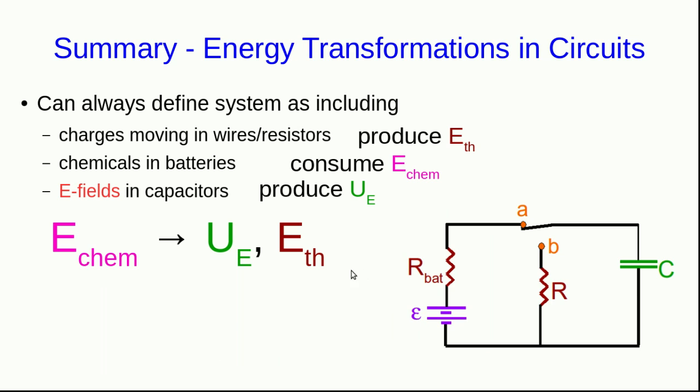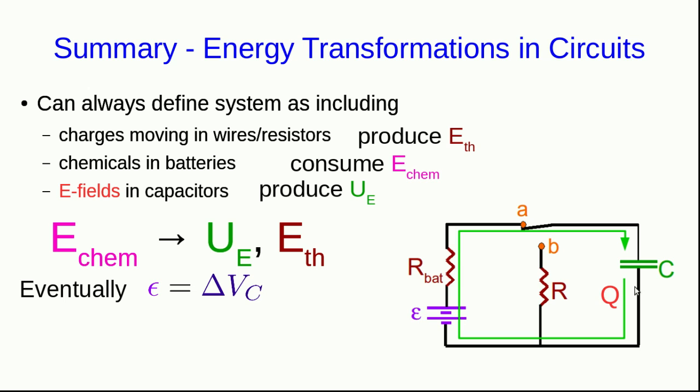In this case, we know how to calculate just how much energy is transformed into every form. We know that eventually, once the current stops flowing and there's no potential difference across the resistor, the EMF of the battery is equal to the potential difference across the capacitor.